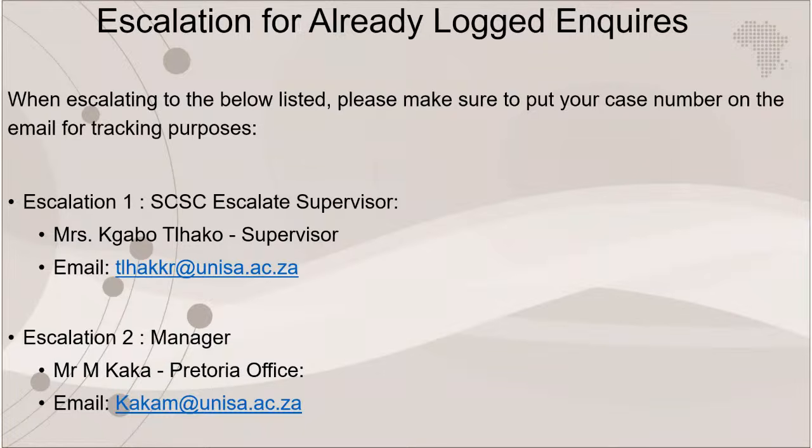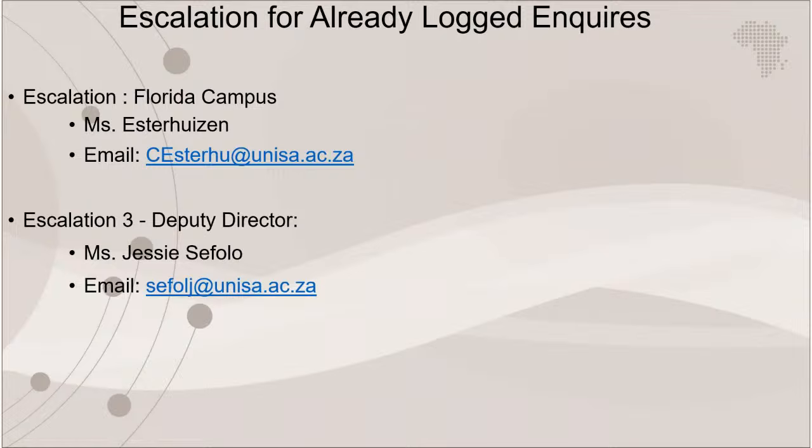And then we have the escalation process, which we normally use on those inquiries that are beyond, or rather we don't have resources to respond to them. So we do have escalation 1, which is a supervisor, Ms. Khabo, and then we have escalation 2, manager based in Pretoria, and we have escalation 3 for Florida campus, Ms. Carol, and we have escalation 3, I apologize for that, which is our deputy director.